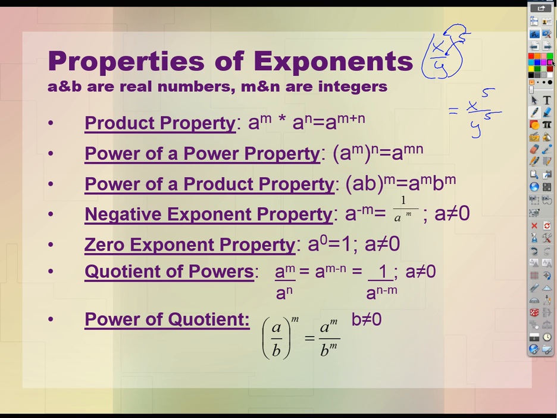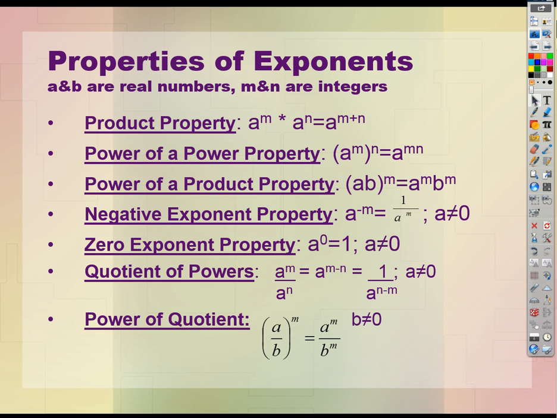Okay, what about this one? What if I had 2 over x, cubed? I'm going to get 2 cubed over x cubed, and 2 cubed is a number. What's that? 8. Okay. Make sense?